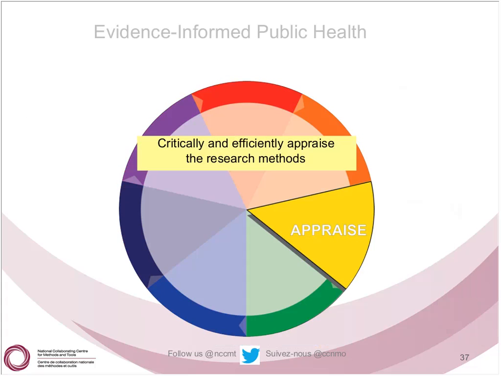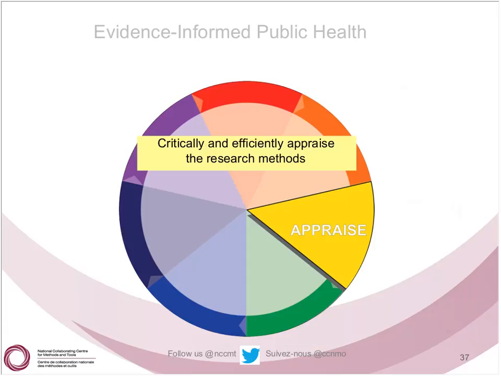Now, moving along on the wheel, we get to the Appraise step. At this step, we are looking to critically and efficiently appraise the research methods that were used in whatever evidence we found. So in our example, we went to Health Evidence.